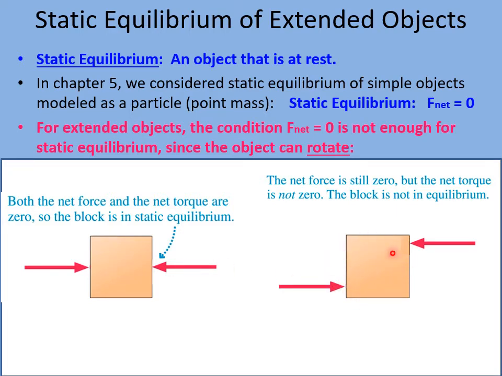We've got the same box, the same two forces. So again, the forces balance each other and the net force is zero. However, now each of these forces is going to create a torque, which is going to cause the object to rotate. So let's take a look at this.